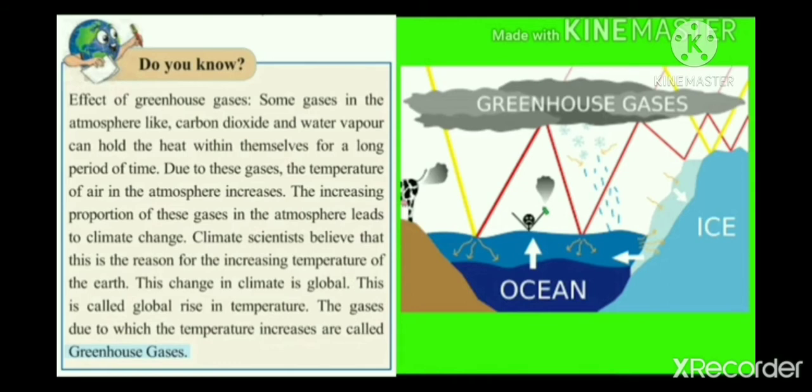Climate scientists believe that this is the reason for the increasing temperature of the earth. This change in climate is global. This is called global rise in temperature. The gases due to which the temperature increases are called greenhouse gases.